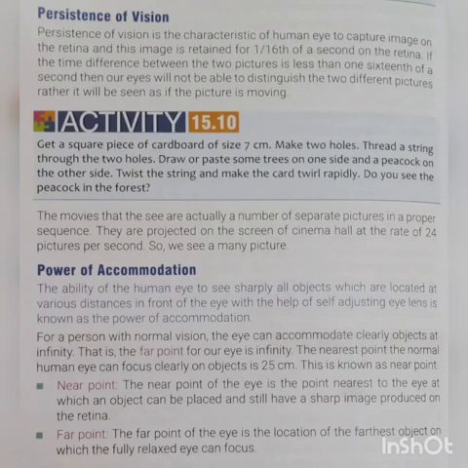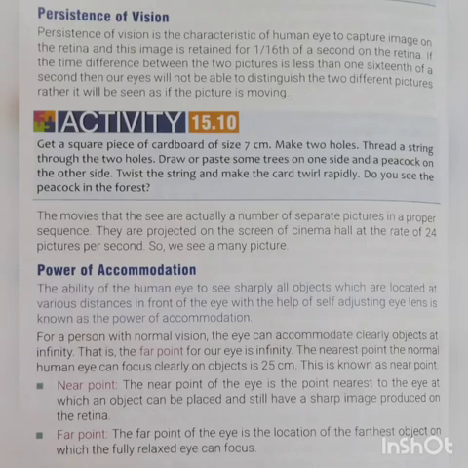That is, if the time difference between two pictures is less than 1/16th of a second, then our eyes will not be able to distinguish between the two different pictures, and instead they will be seen as if the picture is moving. Our eyes can only retain an image for less than 1/16 of a second, students.